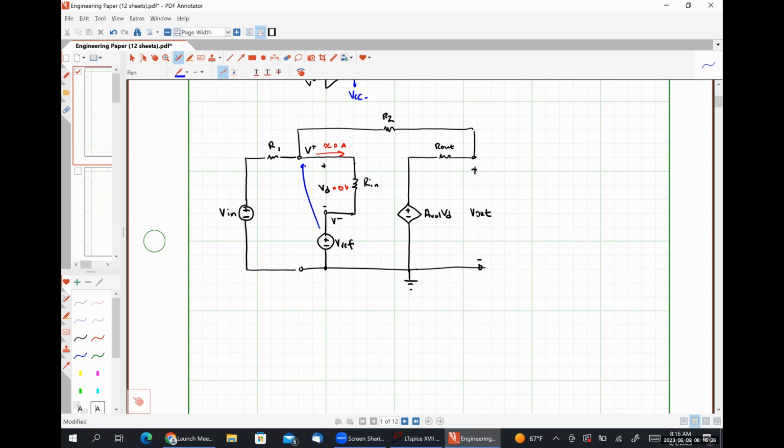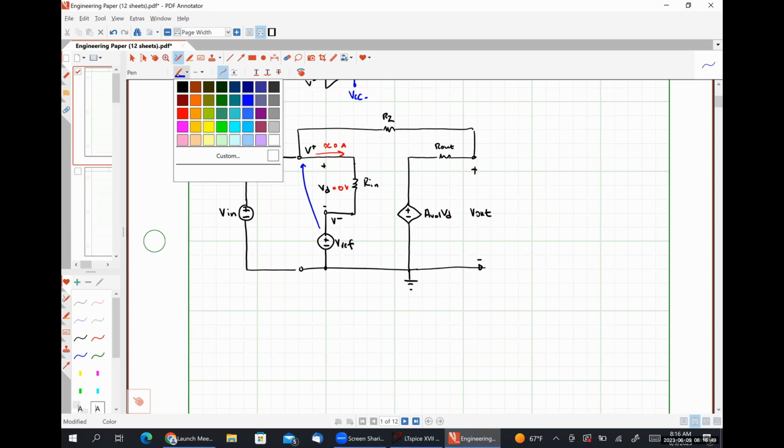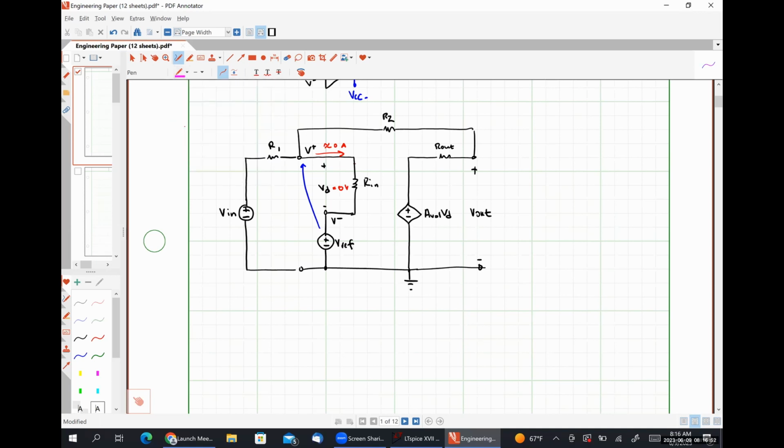So what we're going to do now is we are going to write a Kirchhoff's current law equation where we are going to add, let's do it in pink, this current plus this current together, okay? With the understanding that the current that branches off and flows to the right is approximately 0.